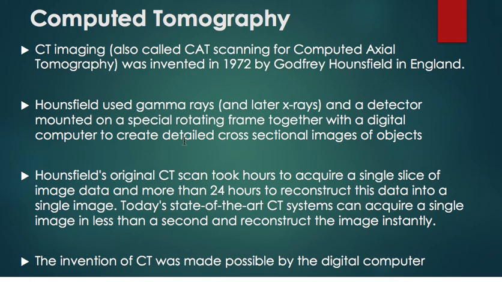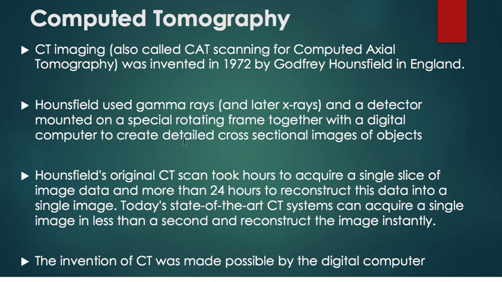We need to see what's going on. So even though this new technology was great and amazing, it still took a whole day to be able to see what was going on with the patient. Now, a single image takes less than a second, and the images are reconstructed instantly. So it's really fast. There's not a delay in treatment for the patient because of the imaging.